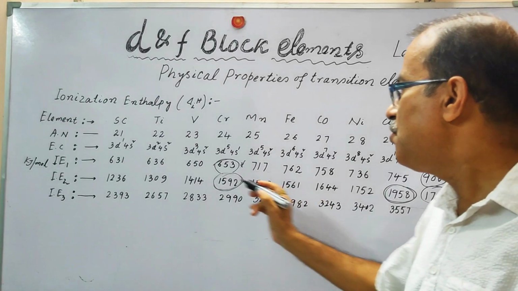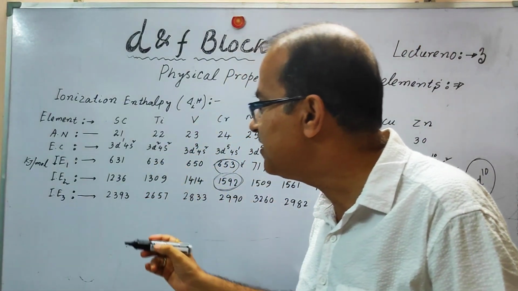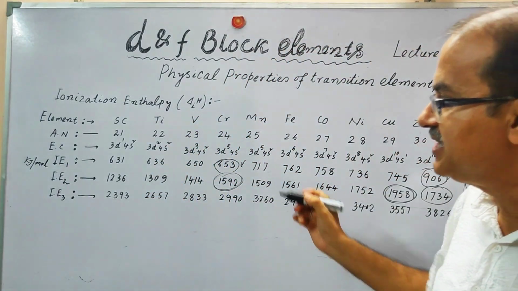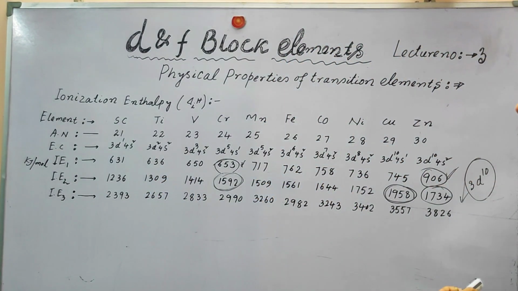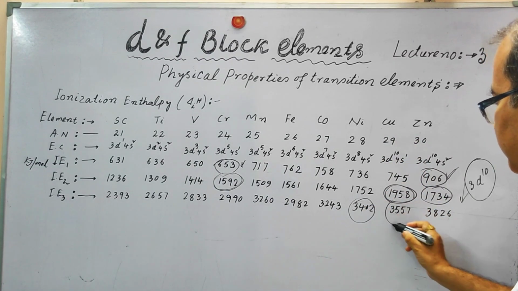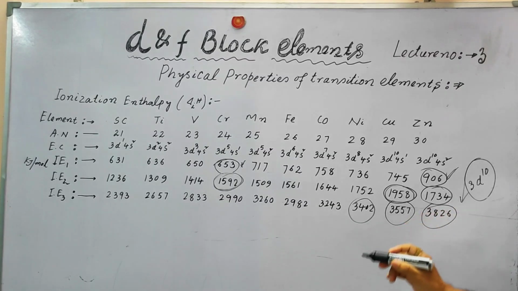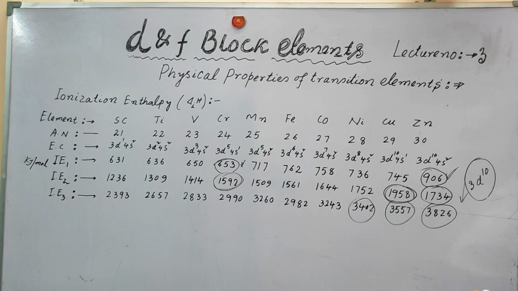Okay, so we understand the first ionization enthalpy is less than the second ionization enthalpy. Again, for the third ionization enthalpy, you can see a very important thing: for these three elements, nickel, this and this, you will find a very high ionization enthalpy.